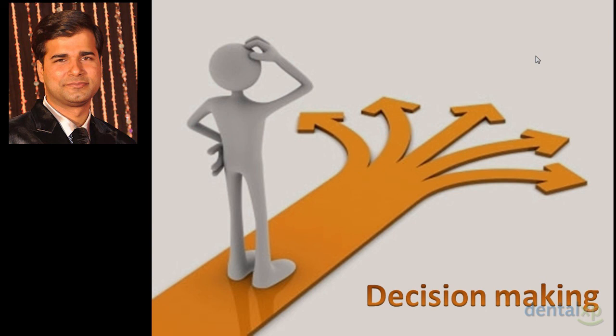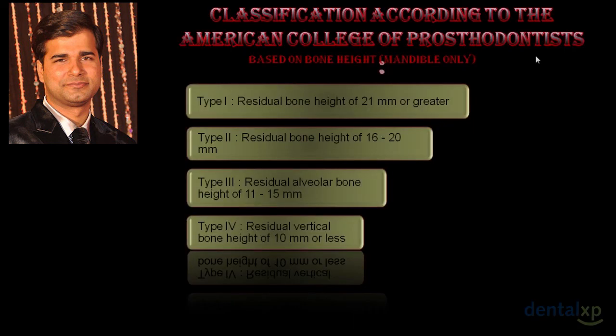What helps us in the decision making? Whether we have to give removable or fixed, we have to understand that. Before we go on to that, let us understand what happens as far as the residual ridge resorption goes. The American College of Prosthodontists had come up with a classification wherein if it's type 1, the residual bone height is 21 mm or greater.